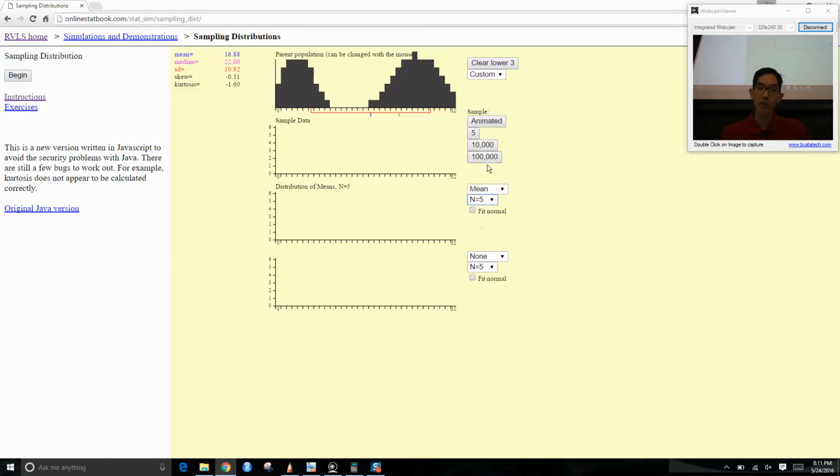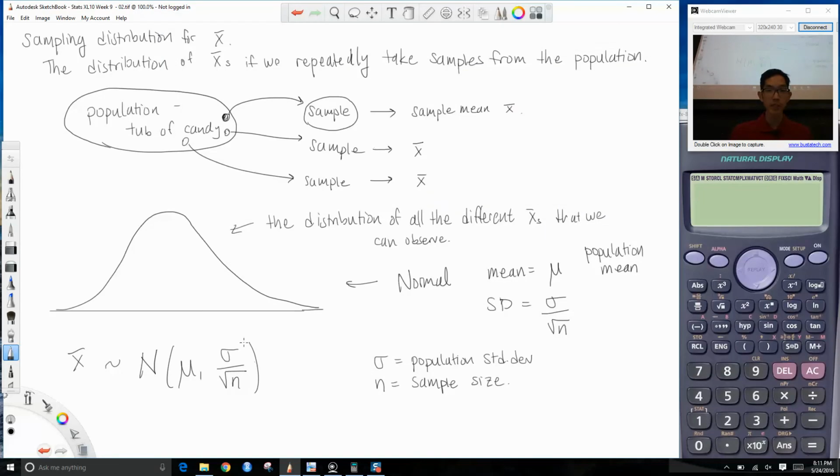If I increase the sample size to 5, we still get these kind of funny lumps here. But then what happens when I increase to samples of size 10? They all kind of just start merging together, okay? And we end up getting something that looks like the normal distribution still. And so this is kind of the central limit theorem at play. It just says when we look at the sampling distribution of x bar, it's going to end up looking like the normal distribution.